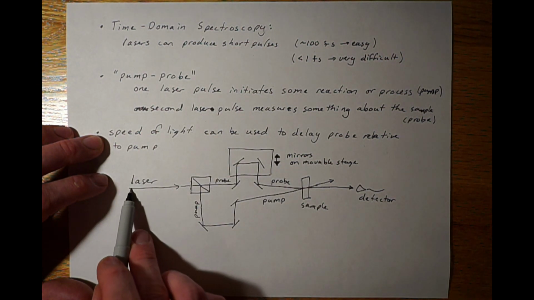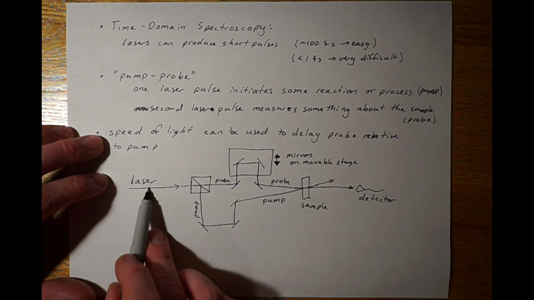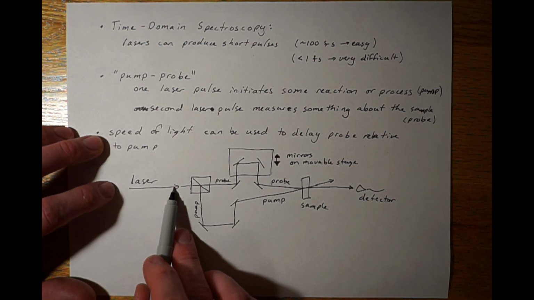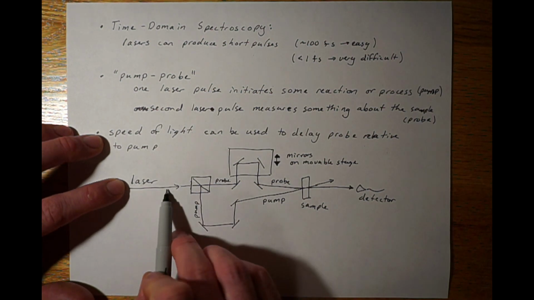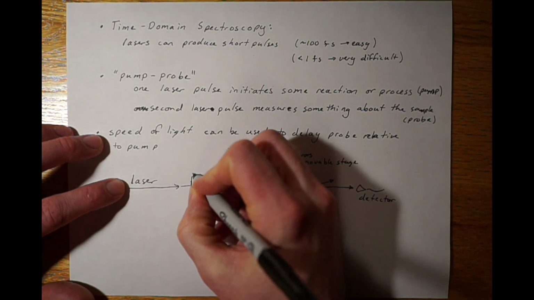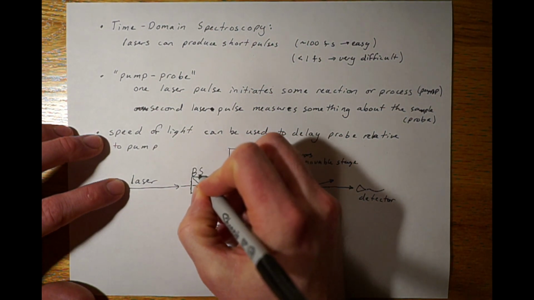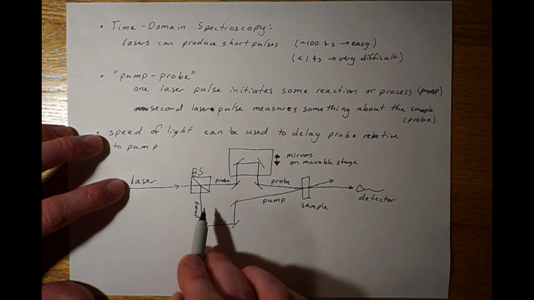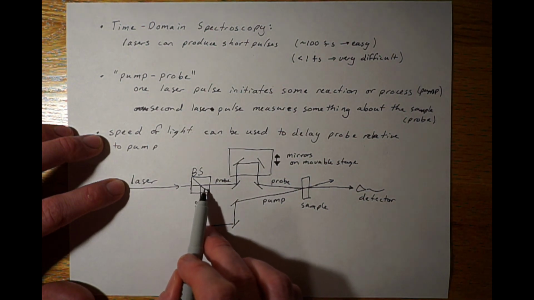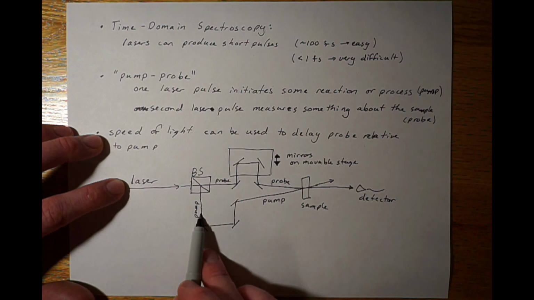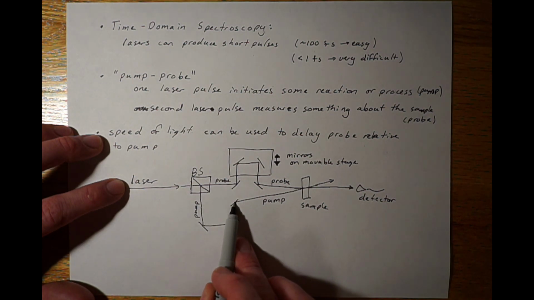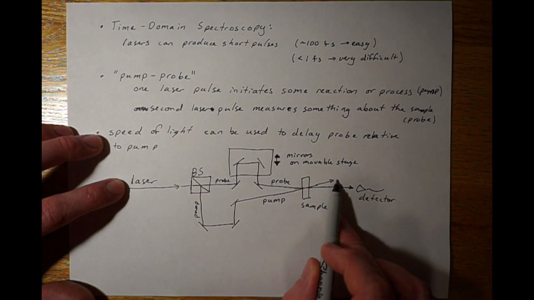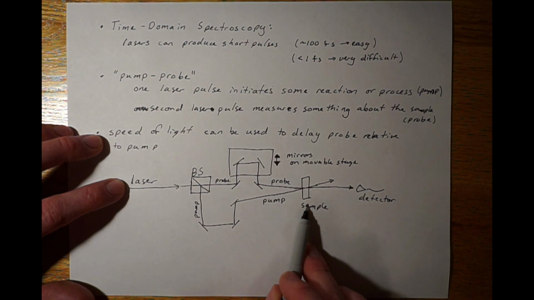We have some laser where we've got a pump and a probe pulse. The way I've drawn this, it kind of indicates that they might even be the same color, but they could be different colors. And we encounter a beam splitter here. This beam splitter splits our pump and our probe pulse. So we're just going to follow our pump pulse this way, and it bounces off a couple of mirrors and goes through our sample, and let's say it initiates some chemical reaction.